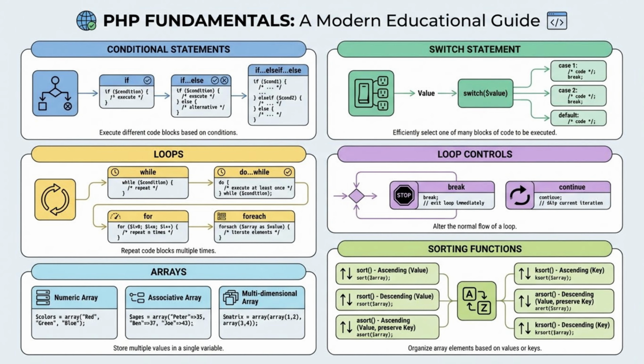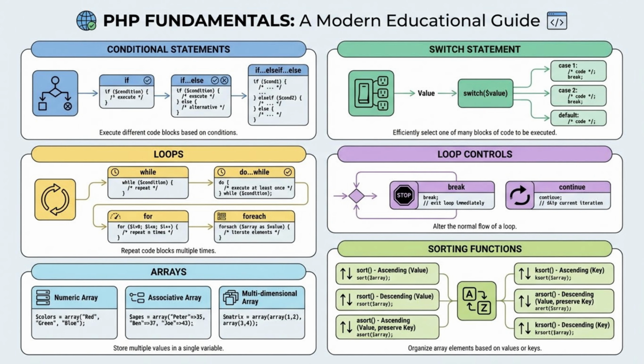3. Loops. Loops allow PHP to repeat blocks of code multiple times, making them essential for automation and handling repetitive tasks. The while loop continues running as long as its condition remains true. The do-while loop is similar, but it guarantees at least one execution before checking the condition. The for loop is commonly used when the number of iterations is known in advance.